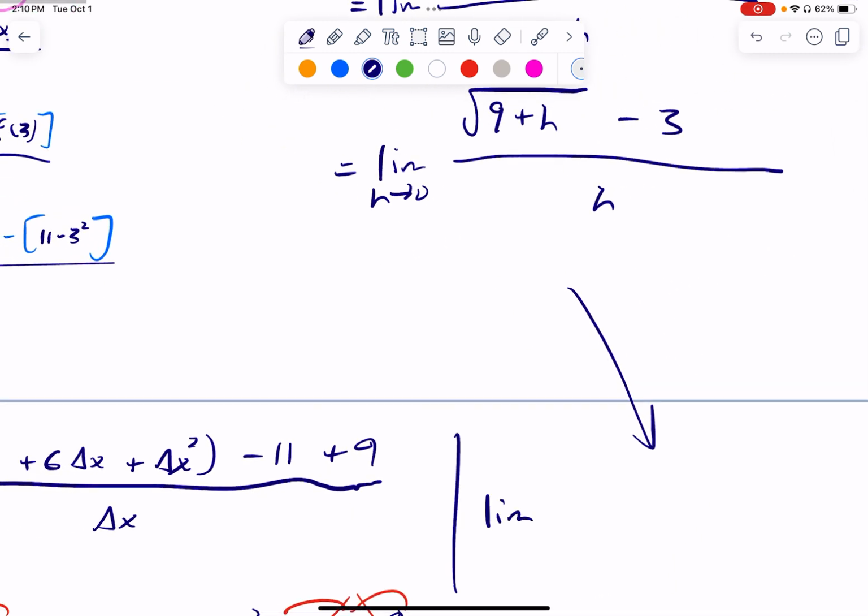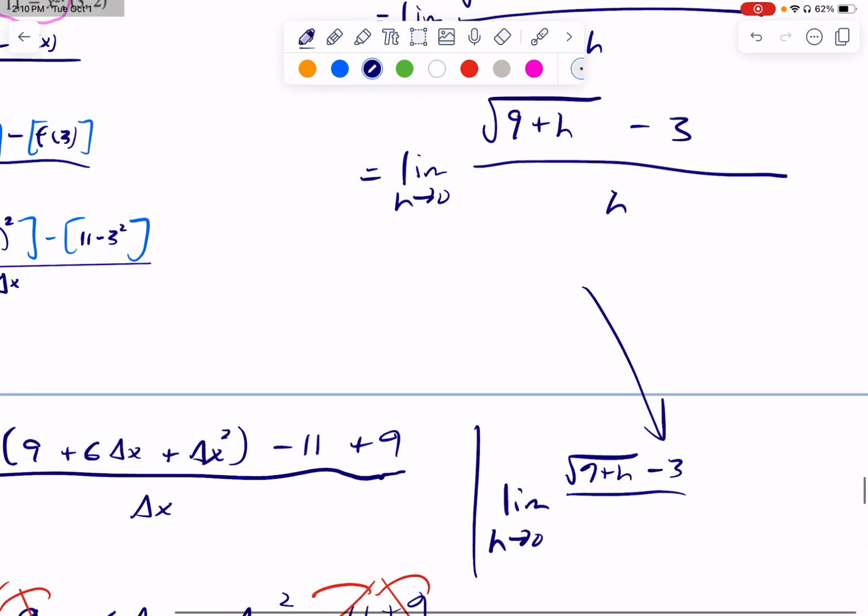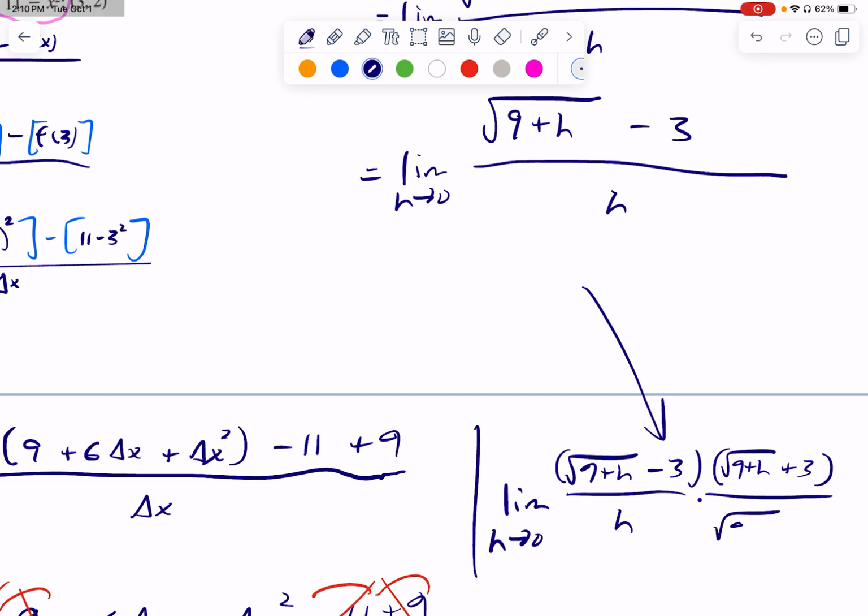So I have the limit as h goes to 0 of root 9 plus h minus 3 over h. And I will multiply top and bottom by that conjugate. So root 9 plus h plus 3 over root 9 plus h plus 3.